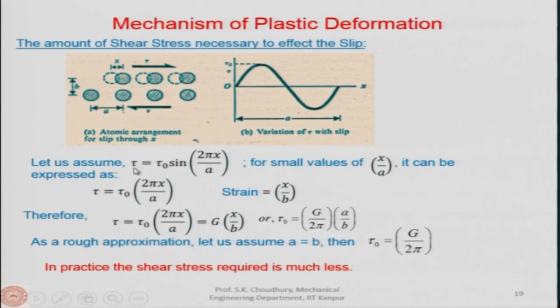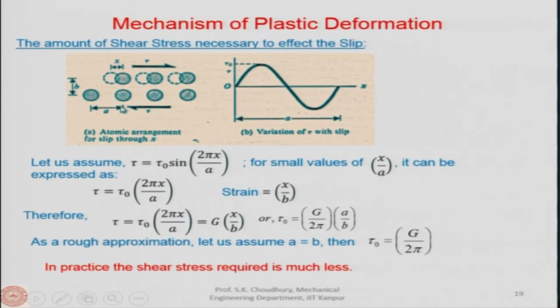It is given as tau is equal to tau 0 sine of 2 pi x by a. So, this is the equation of this curve, since this is a sinusoidal curve, okay, and this is the 2 pi x by a, because this is the a and this is along the x axis, okay. Sorry, this axis is x. X is the displacement, once again I am telling you, all right.